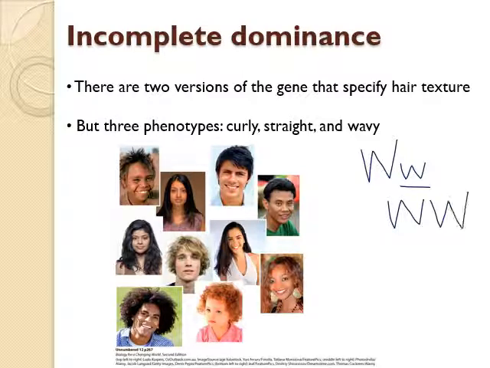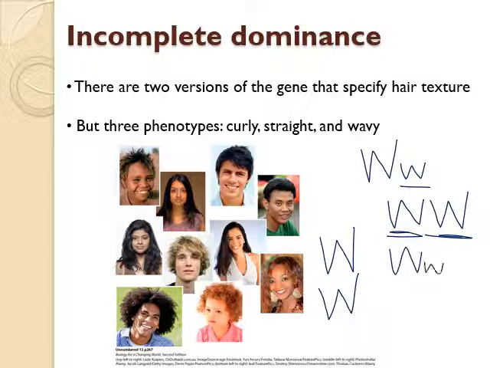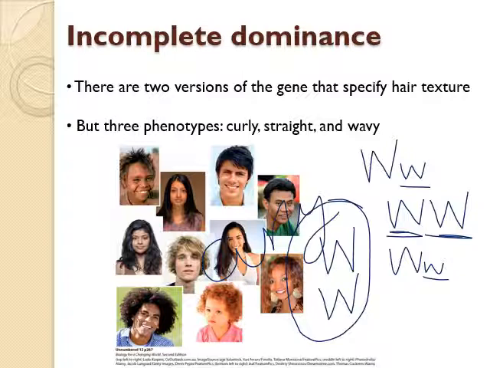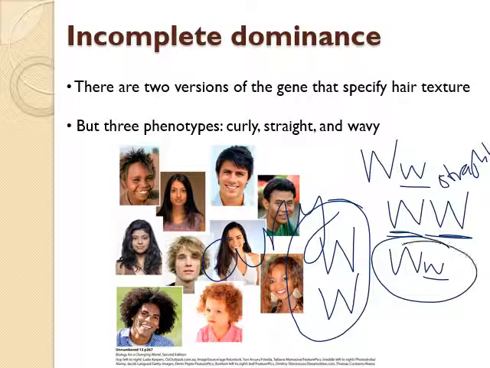Okay, let's say we have a straight-haired dad, so lowercase w, and then we have a curly mom and straight-haired dad. Okay, and then all the offspring would be heterozygotes, so they would actually be wavy.